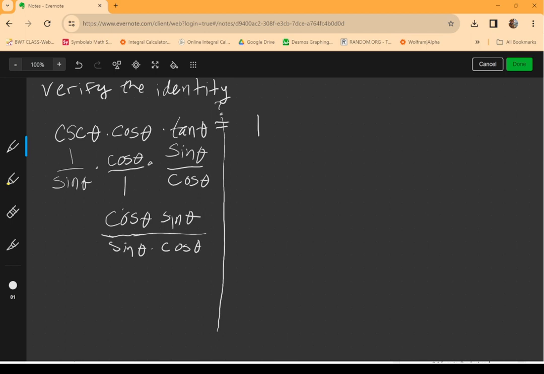All right, and now we can see cosine over cosine is 1, sine theta over sine theta is 1, and we get 1. So we do in fact get 1 equals 1.